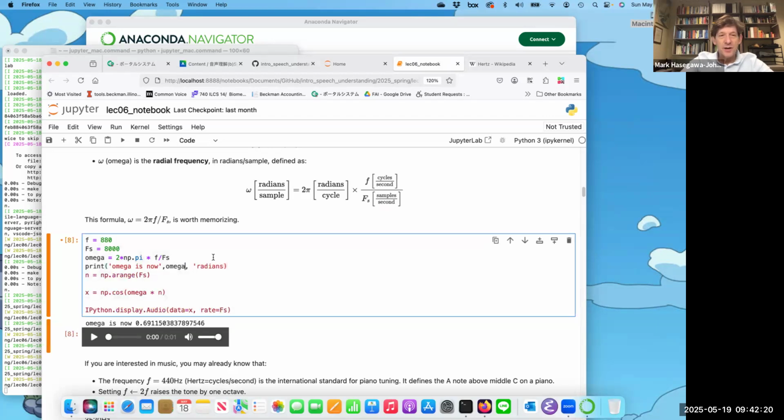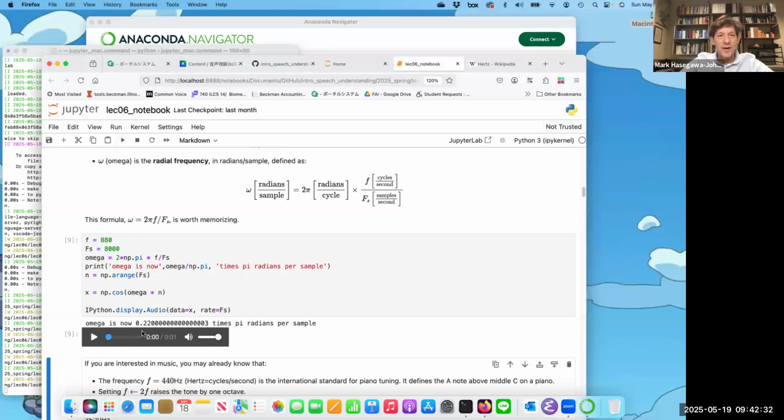Actually, let me print out omega over pi. So omega is now 0.22 pi radians per sample if I go up to 880 hertz. At 0.22 pi, well, it's 1/5. So this looks like it's 1/10 of fs, but it's actually 1/5 of pi times radians per sample. And it sounds like this.